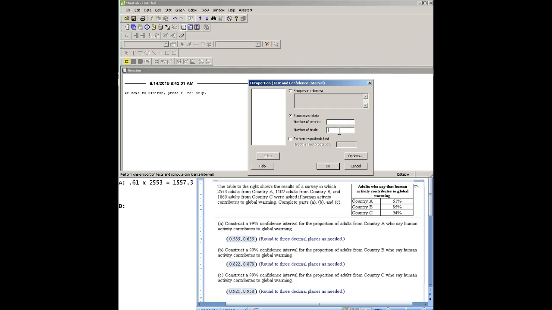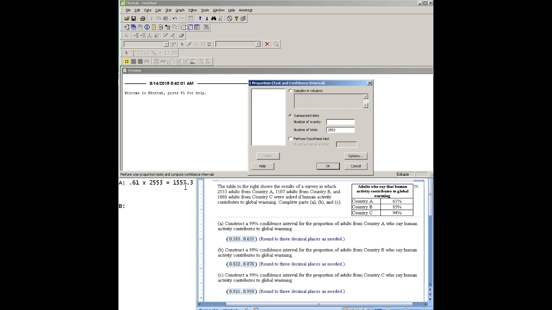We have in country A 2,553 trials. Now, how many events, what proportion of that were successful events? Well, 61% were successful events, or 61% of those trials came out to be people that claimed global warming contributed.